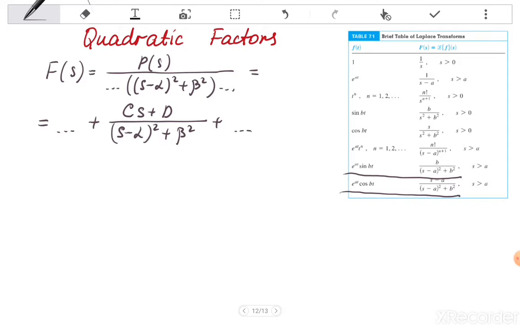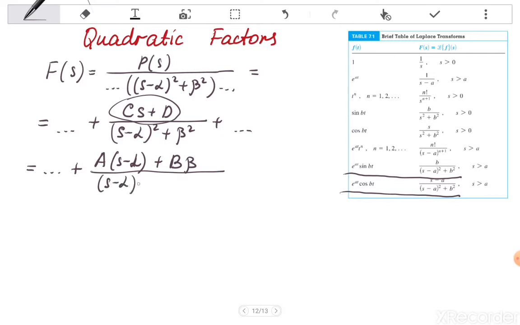And here you can see that the numerators are in the form b and s minus a, so it's not in this form. So it's better maybe to find the numerator here in the form a(s minus alpha) plus b beta over (s minus alpha) squared plus beta squared.